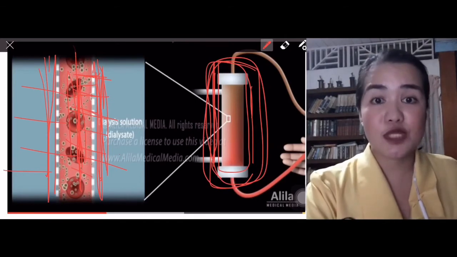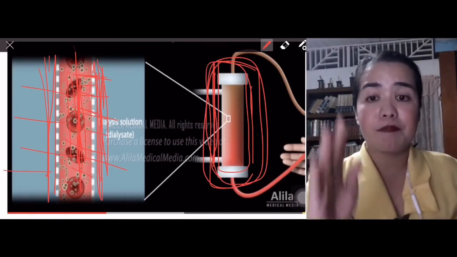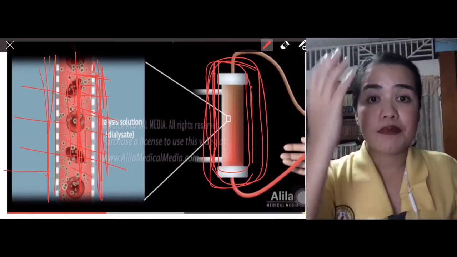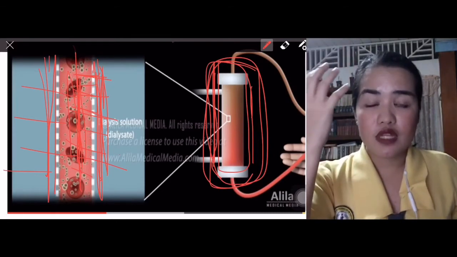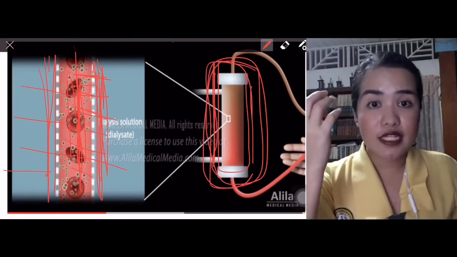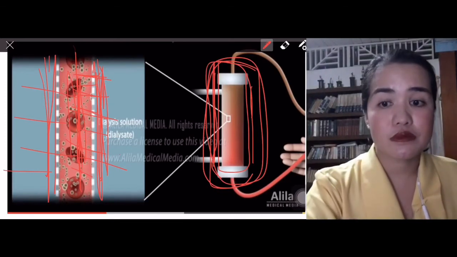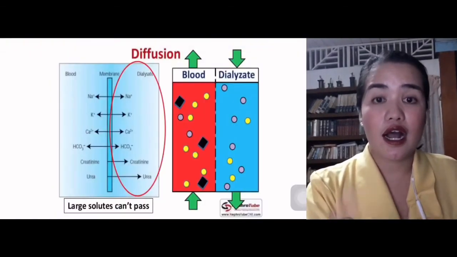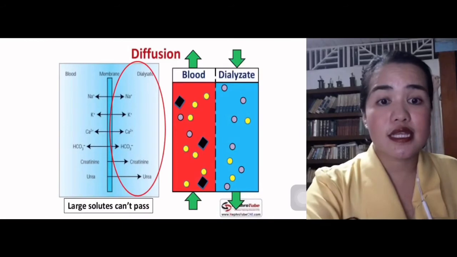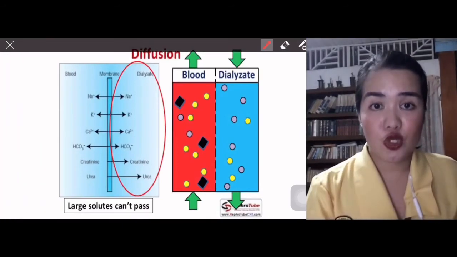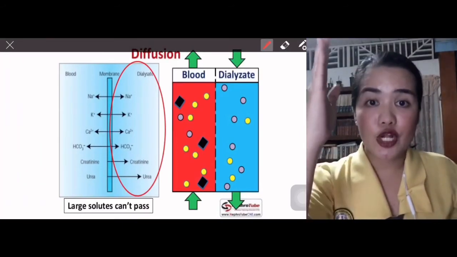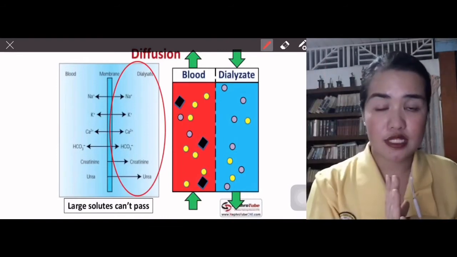So this process here, the movement of the molecule of the toxins like urea, creatinine, sodium, potassium, and other electrolytes, this movement is called diffusion. So the movement from higher concentration to lower concentration.